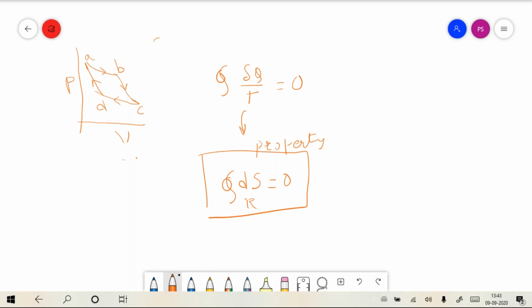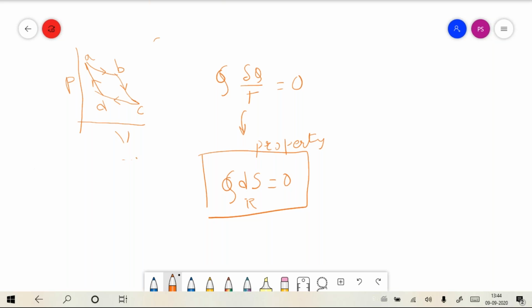Then, making use of this theorem, we went on to prove that there exists a property whose change is given by the integral of del q by t, and then we named that property as entropy, and we denoted it by the alphabet S.